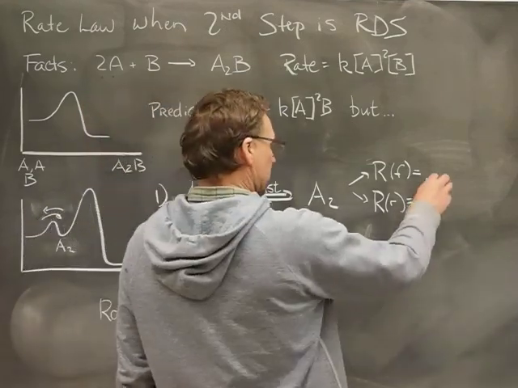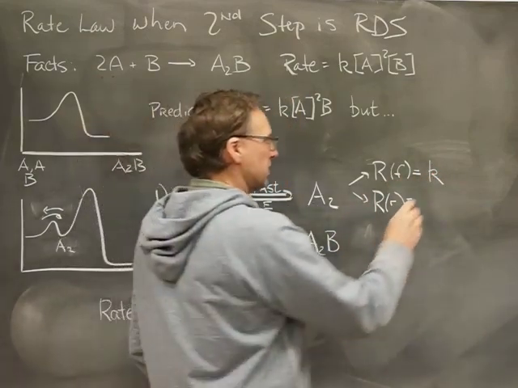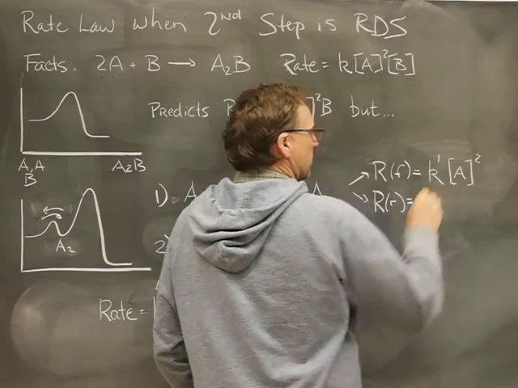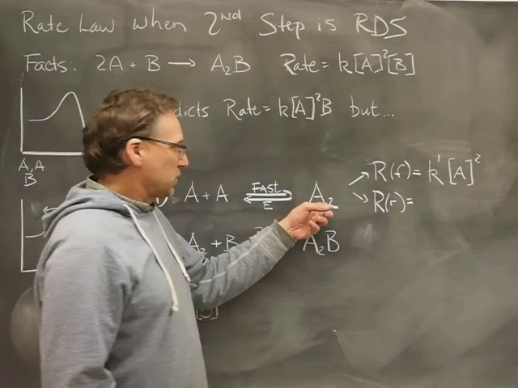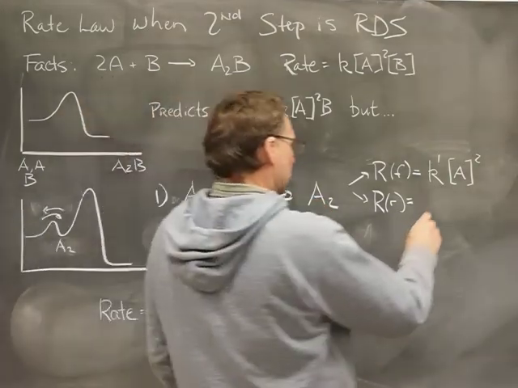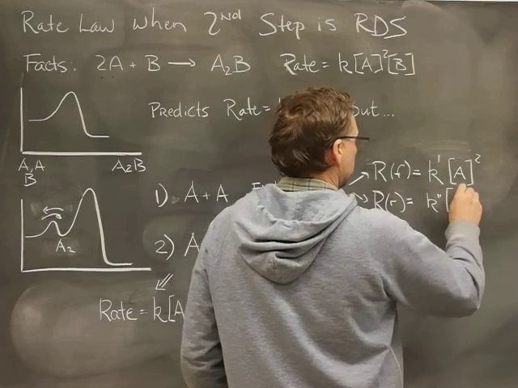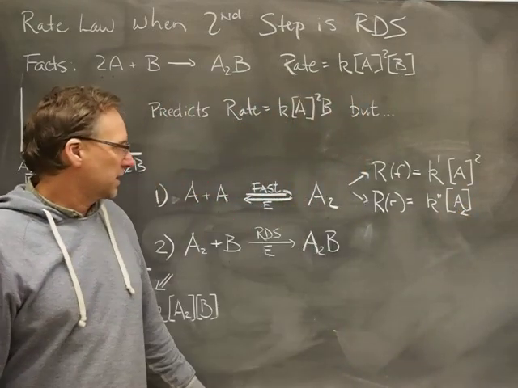Okay, I think this is what we want to write. The forward reaction, it's bimolecular in A, so that would be k prime times concentration of A squared. And for the reverse reaction, that's unimolecular, and so I'll just say that's k double prime times concentration of A2. Okay, unimolecular in that direction.